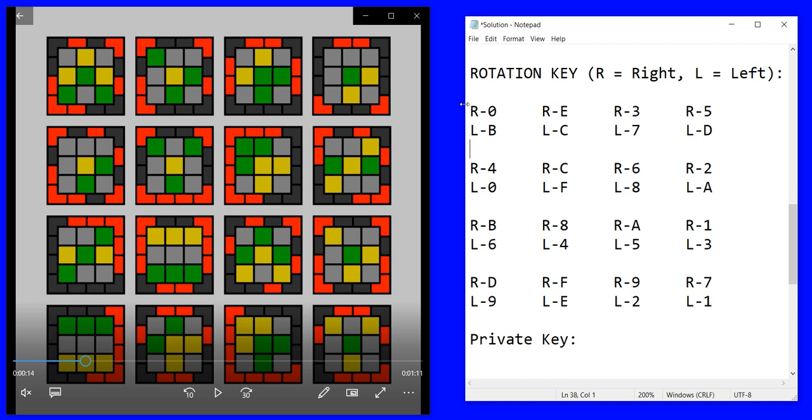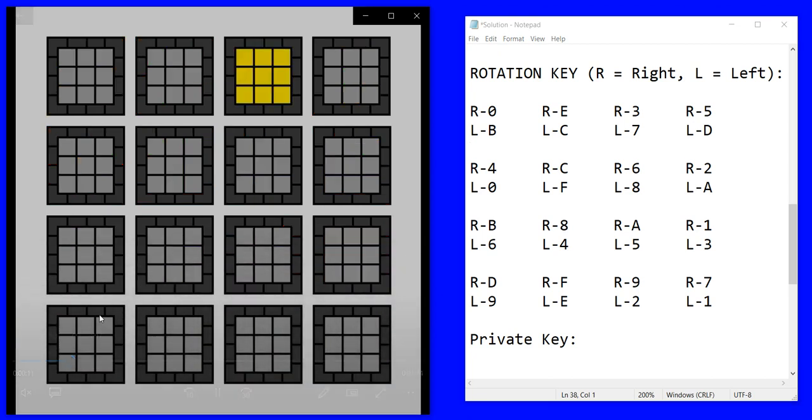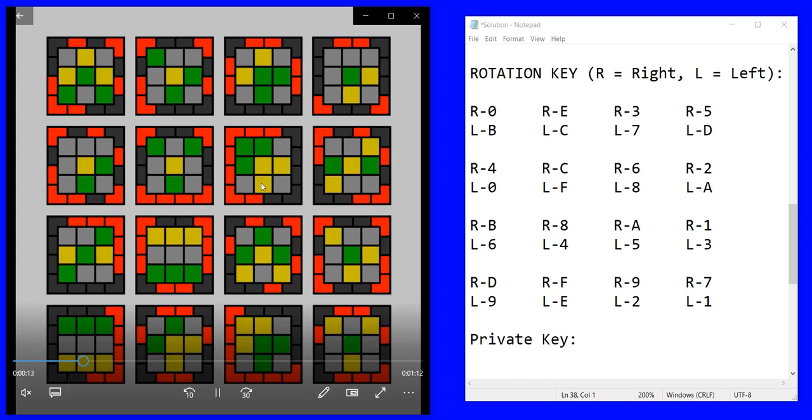So we can work through all of that and come up with this rotation key where for each square I'm associating a right rotation and a left rotation with a different digit. And now we just look at the order of these rotations and start it over from the beginning. So the first one that will rotate is right here.